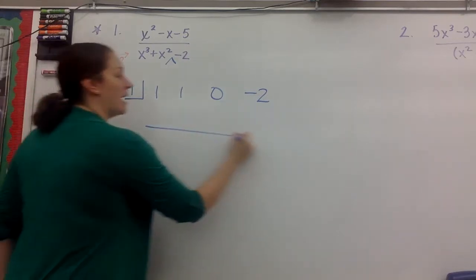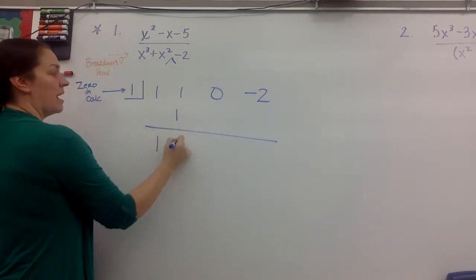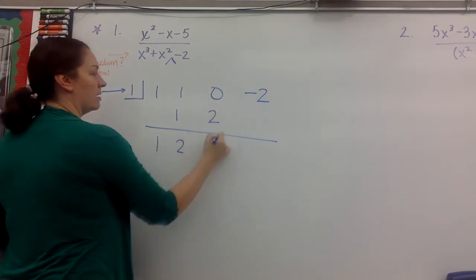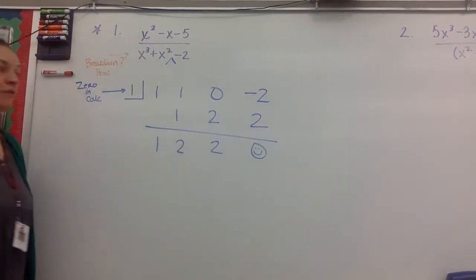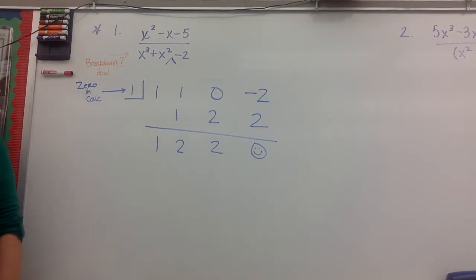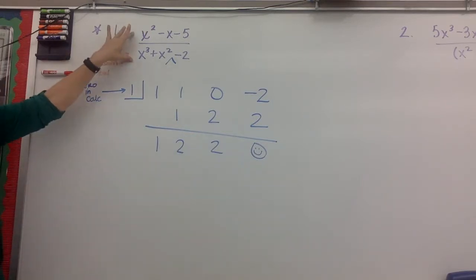Okay, so then I draw my line, I bring down my 1, I multiply. And notice I get a 0 from my remainder. Oh, that's why. You put the whole rational in.